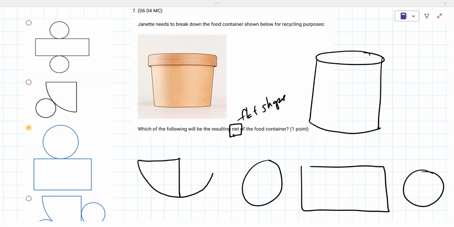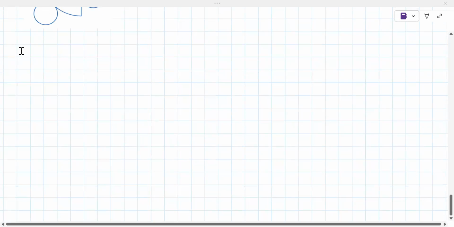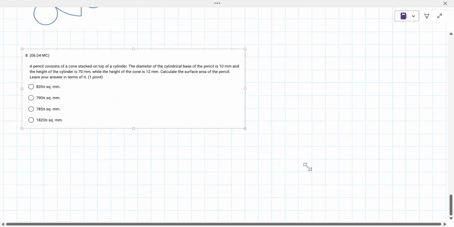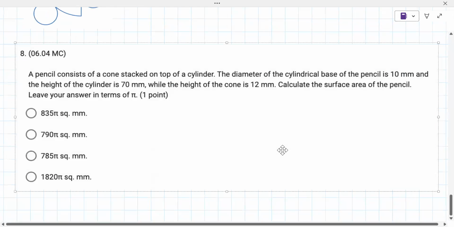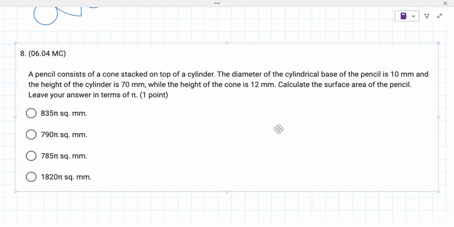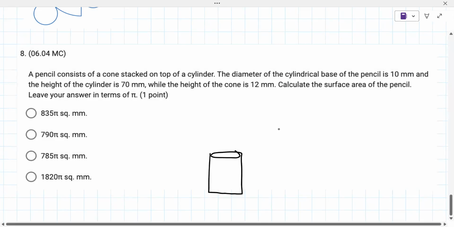Alright, so here's the next one in the chat. All right, a pencil. A pencil consists of a cone stacked on top of a cylinder. So here's the cylinder, the can, and then there's a cone right on top of it.